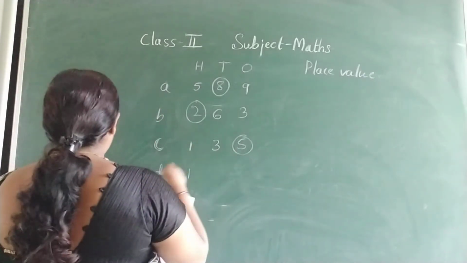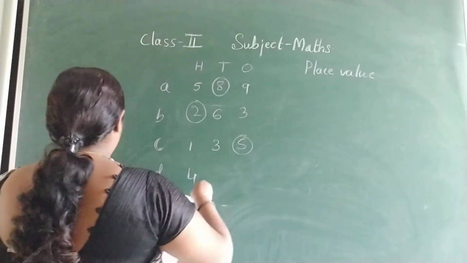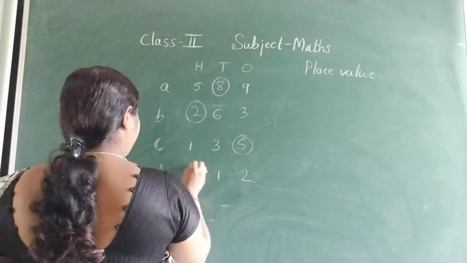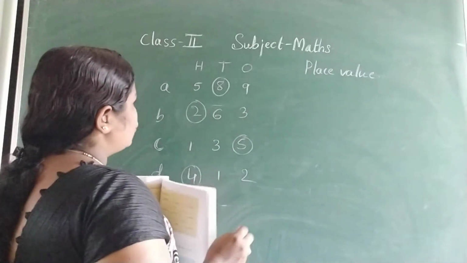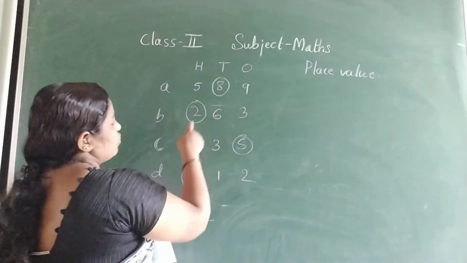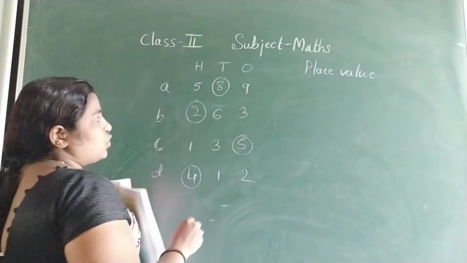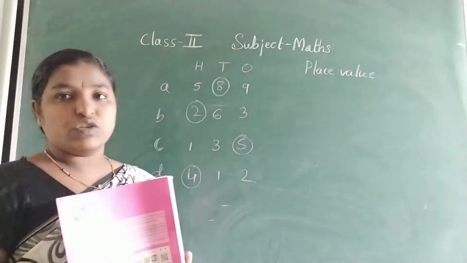Now we should write the place value. See, they have circled the number, so for that number we should write the place value.